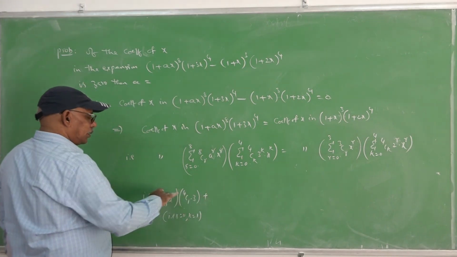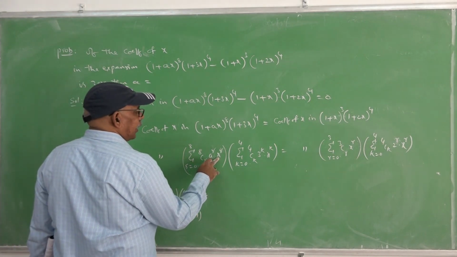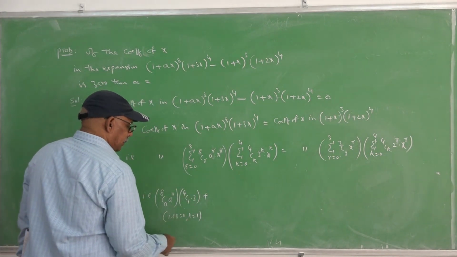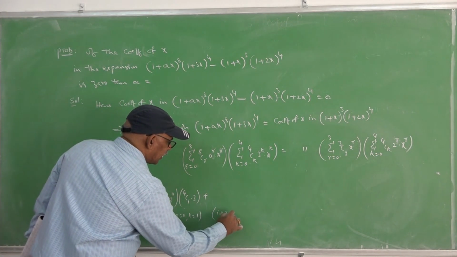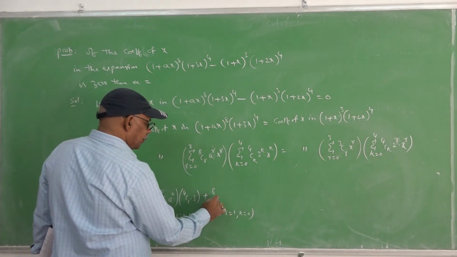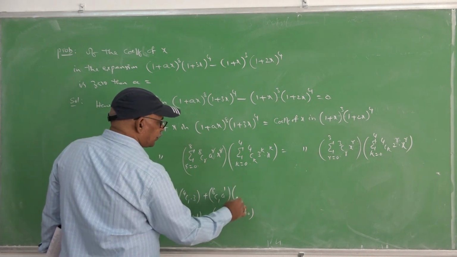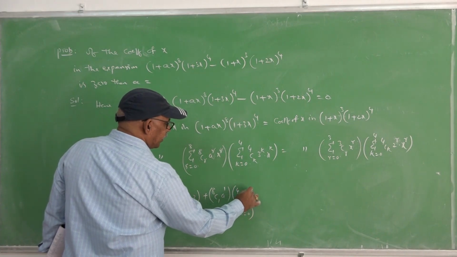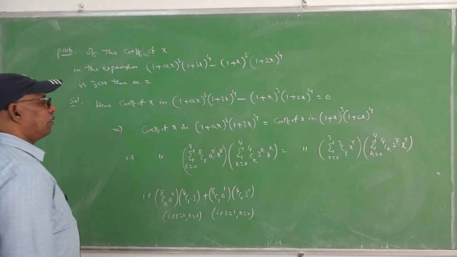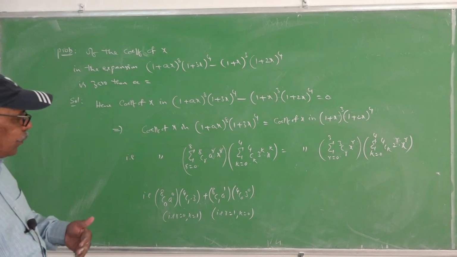Plus, in the other possibility, r equal to 1 and k equal to 0, we get 8C1 a^1 into 4C0 3^0. No other possibilities are there for getting x.